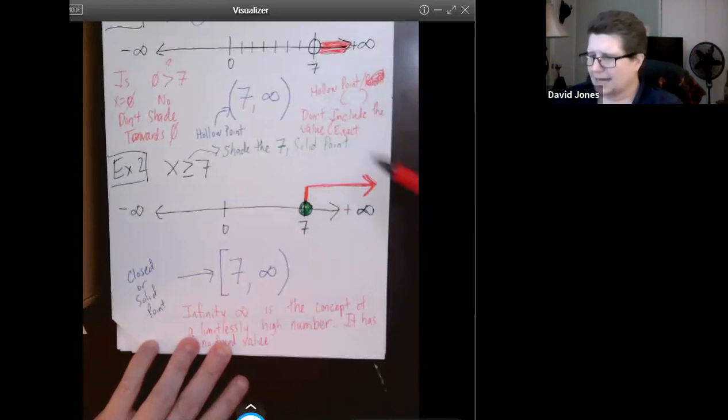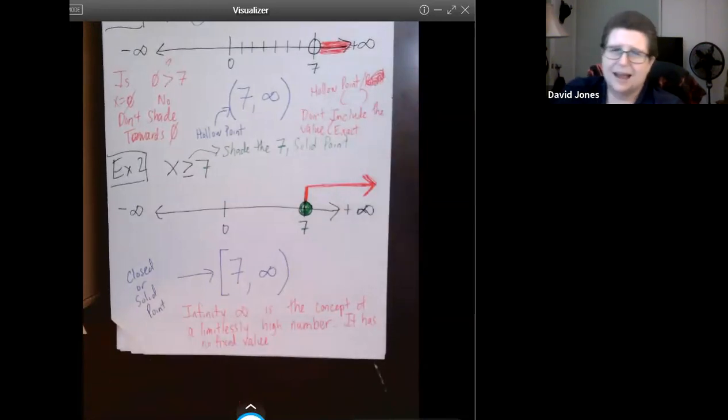So on x is greater than 7, I can't use x equals 7.0. But I could do x equals 7.0000000000001. It's just slightly above 7. Okay?